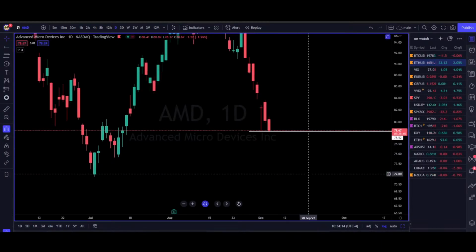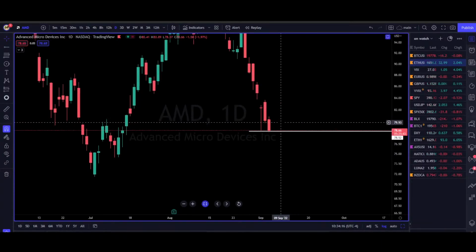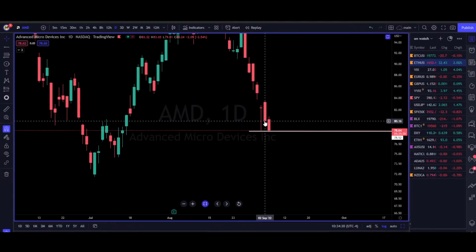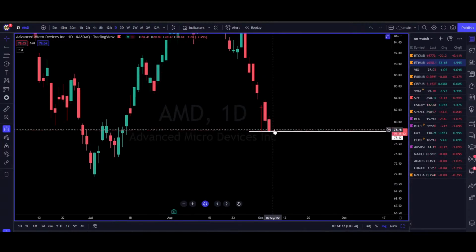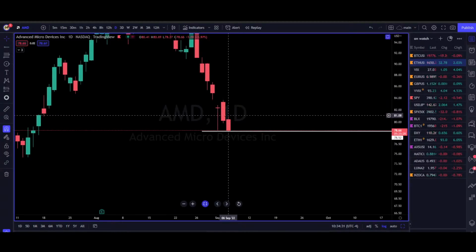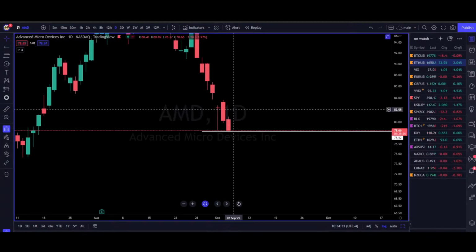You're probably going to be seeing more downside. If you close back above it, I would much rather want to see it close above Friday's close for bullish entries. Expecting this to be the low of this week. But today's high could be the high of this week as well.